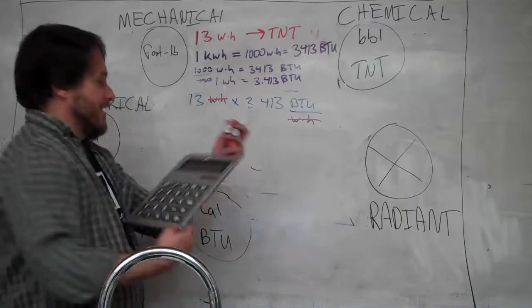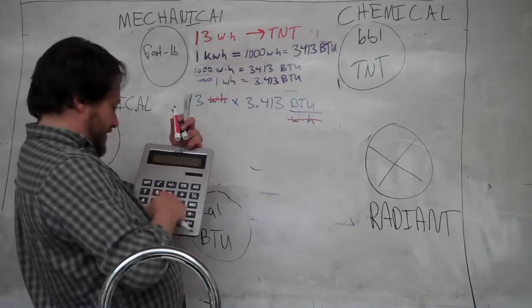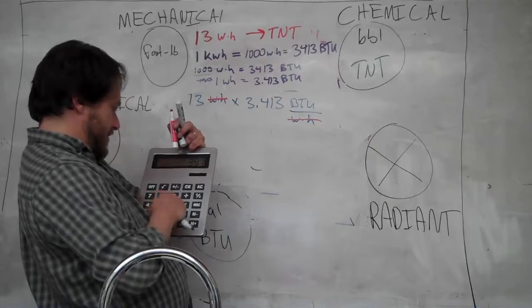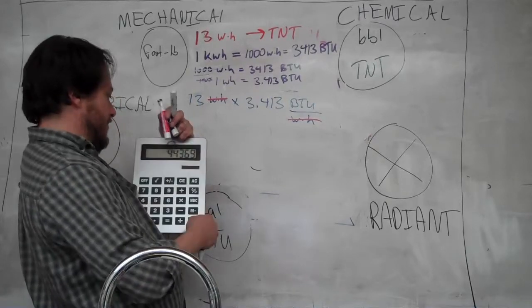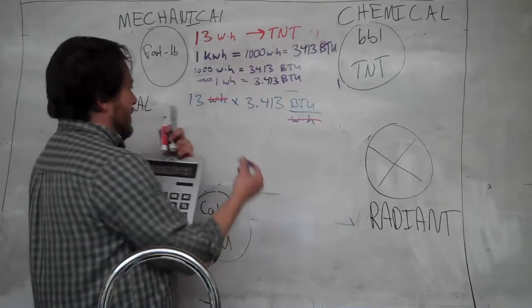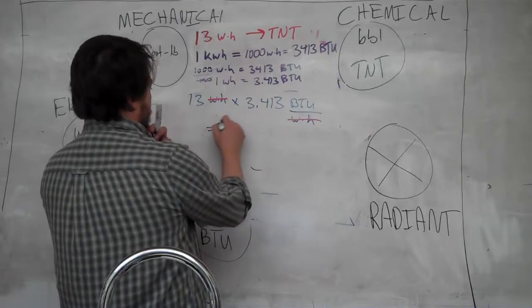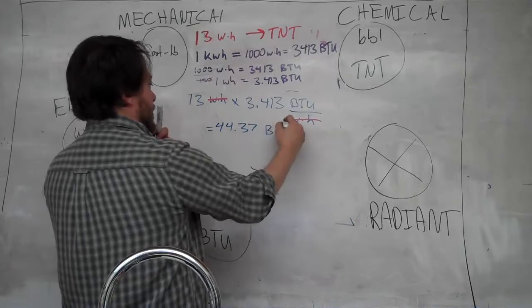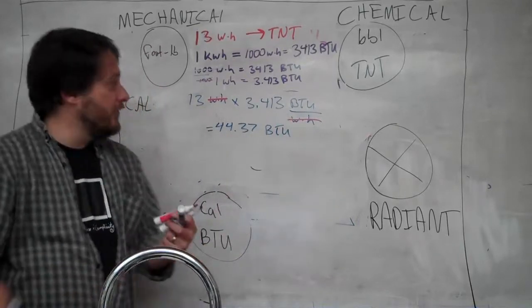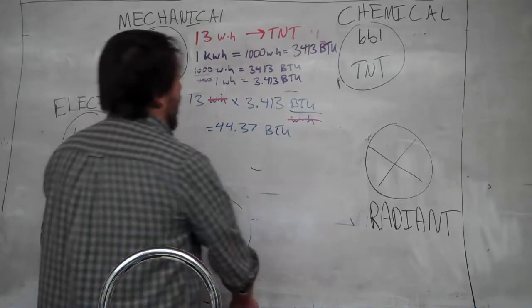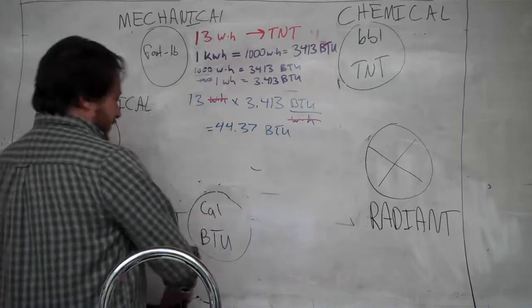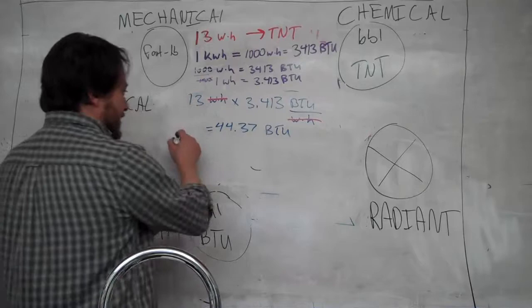So that's 13 times 3.413 equals 44.37 BTUs. Okay? So that's not a lot of BTUs. Not bad really. So, okay, 44.37 BTUs.